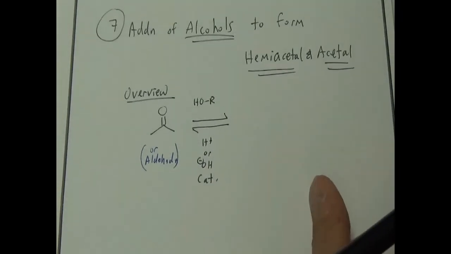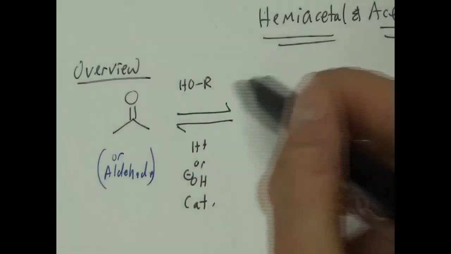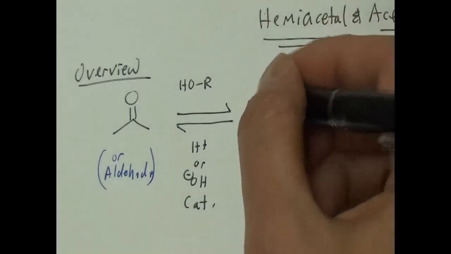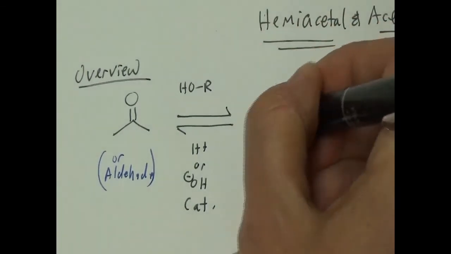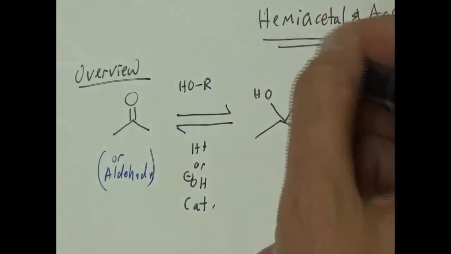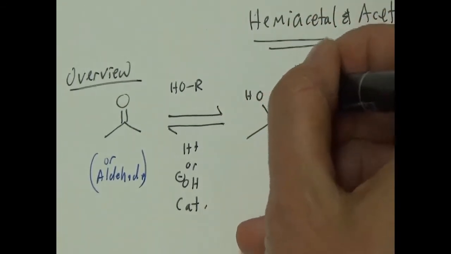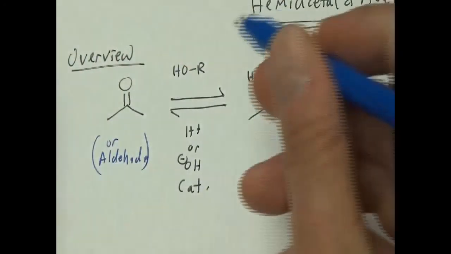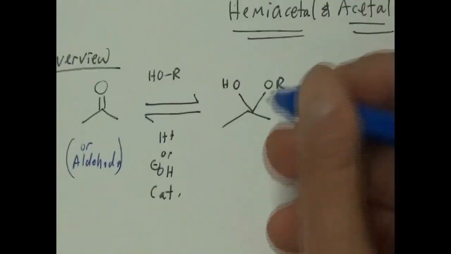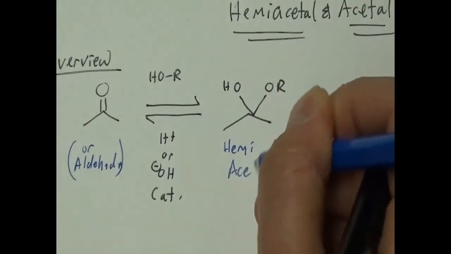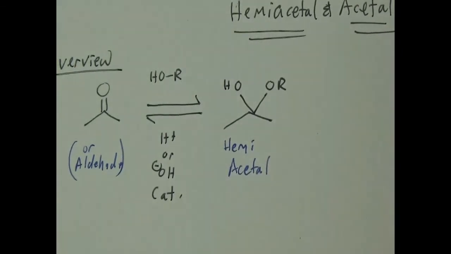Pretty cool so far? It's going to do the same exact thing that water did when it reacted. After one alcohol gets incorporated, you get OH and OR, the alcohol is attached. This is what we call a hemiacetal.